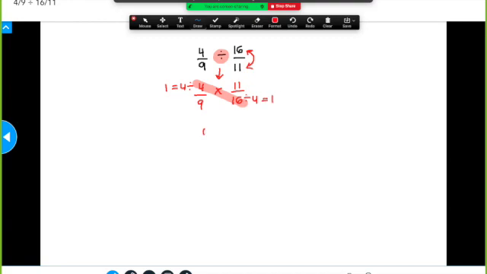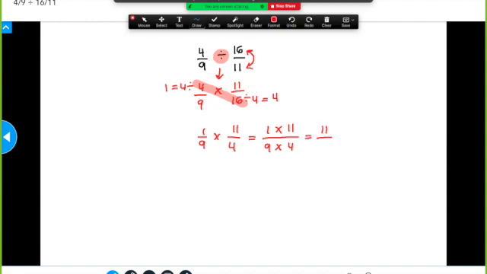So I'm left with 1 over 9 times 11 over 4. Then I'm just going to multiply it out. 1 times 11 over 9 times 4. 11 over 36 would be my answer.